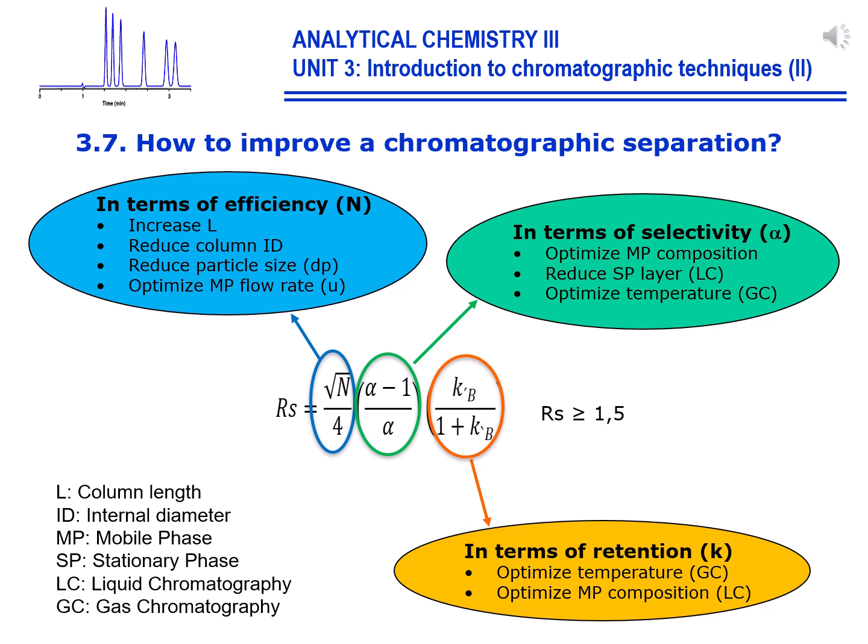Our aim is to obtain at least resolution values equal or slightly greater than 1.5. Then we must try to increase the factors that are directly proportional to resolution in this equation.